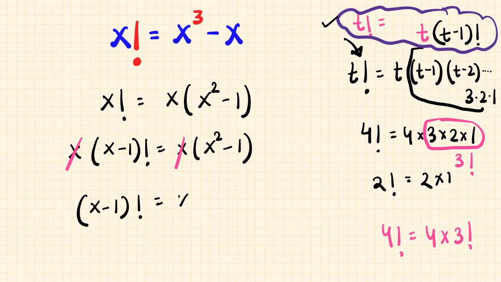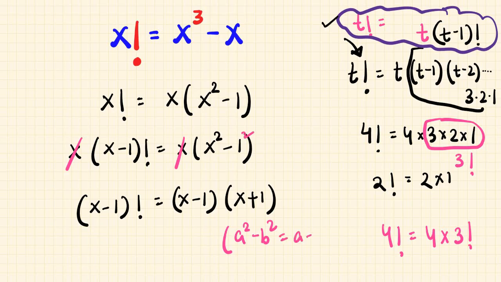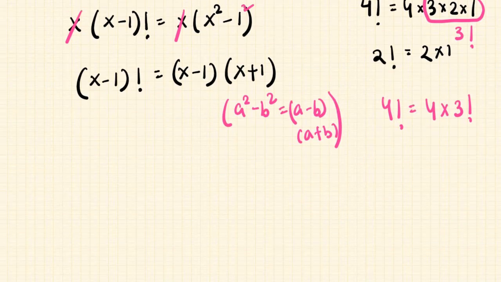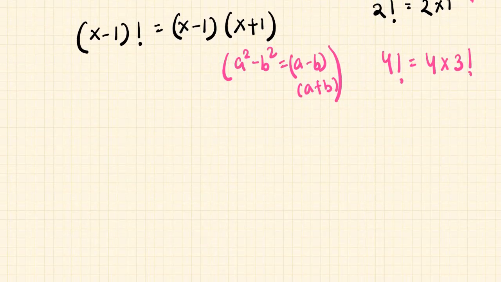Can I write it as x minus 1 times x plus 1? Yeah, why not? Because I know a square minus b square is equal to a minus b times a plus b. So yeah, I can do that. Let's not make it more messy. Let's continue here.